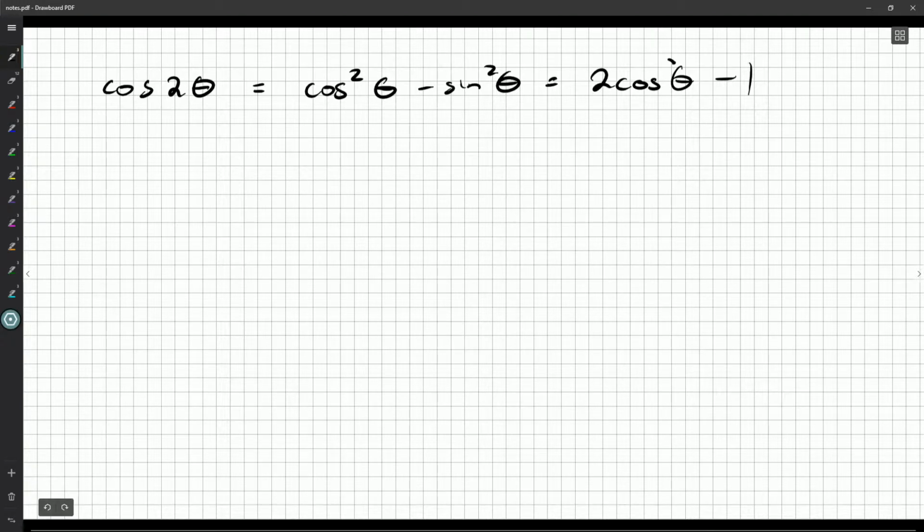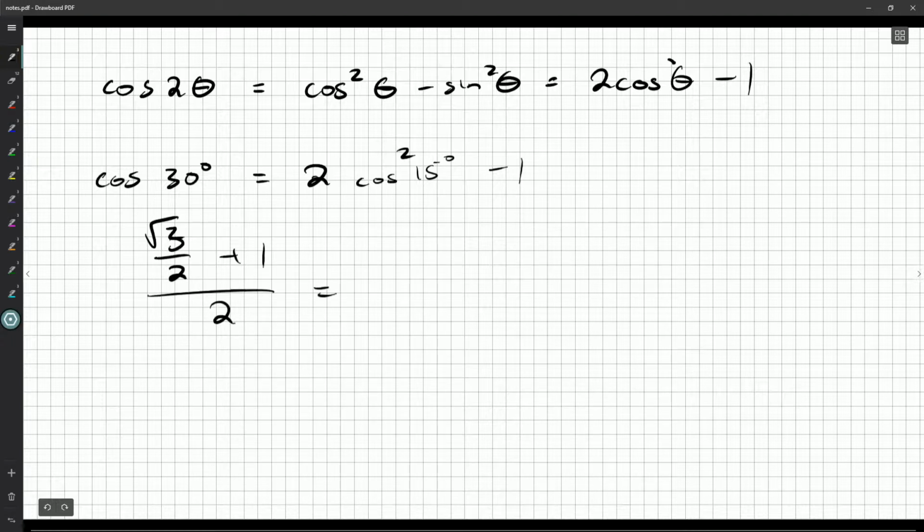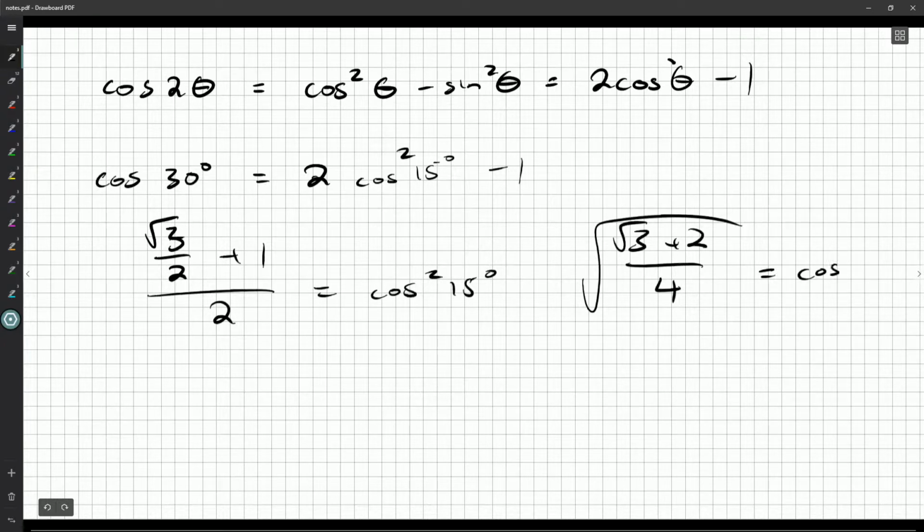Anyway, so if that's true, then cosine of 30 degrees, twice 15, is 2 times cos 15 degrees squared, minus 1. Cosine of 30 degrees is root 3 over 2. Add 1 to both sides, divide by 2, and we'll get cos squared 15 degrees is root 3 plus 2 over 4, and we want to square root that, and that should be cos 15 degrees.